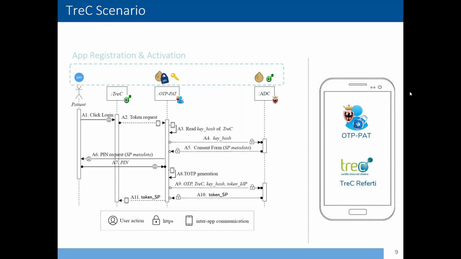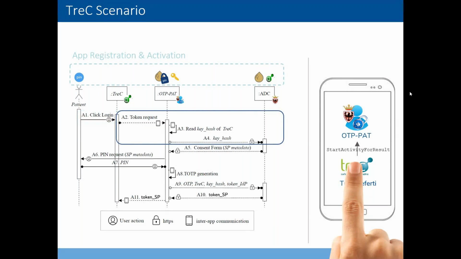So after these two preliminary phases, the patient can actually use the Tracee application to access her personal health record. So the user will access the Tracee application, and the Tracee application will request the identity of the user to the OTP application.